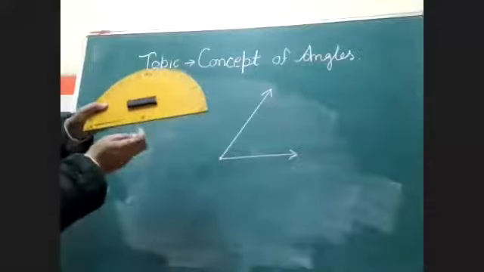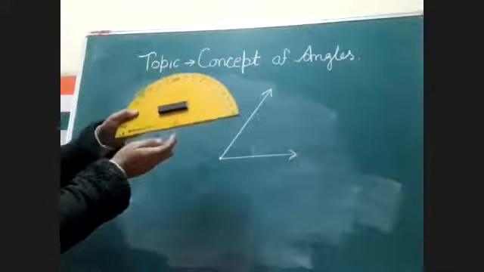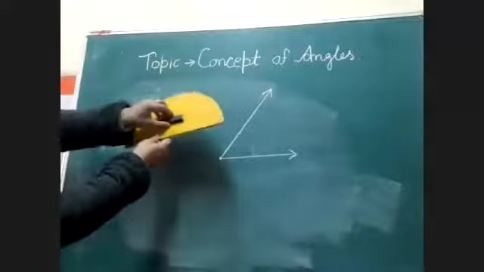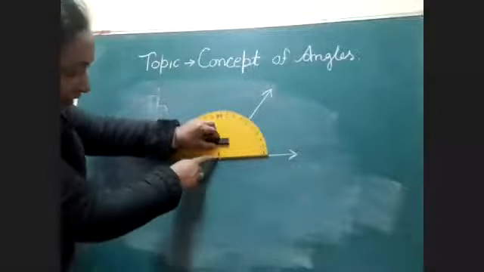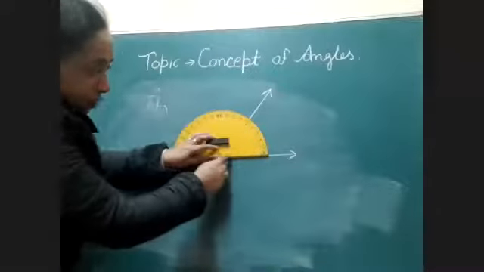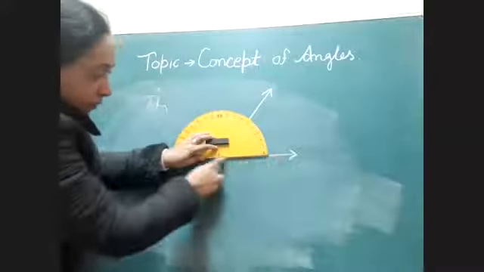Now put the center of the protector at the vertex like this. Put the center at the vertex and match this ray with your protector.